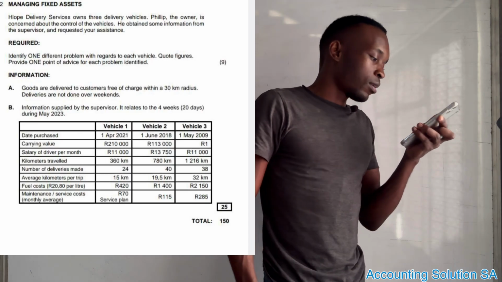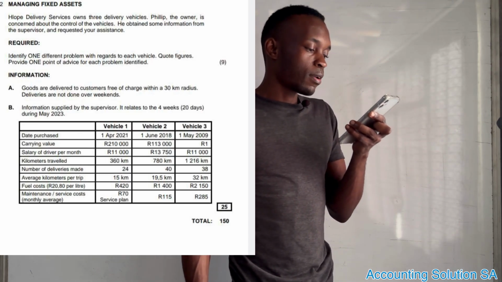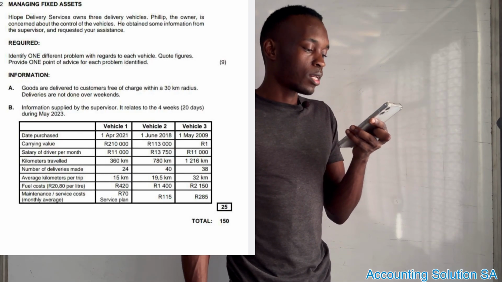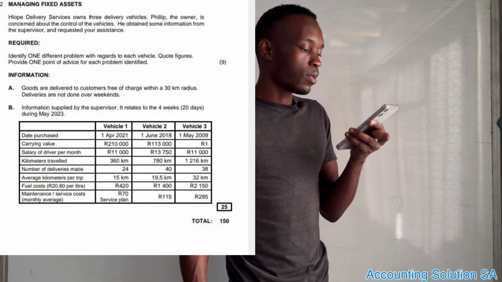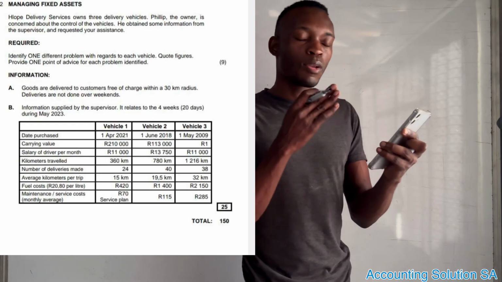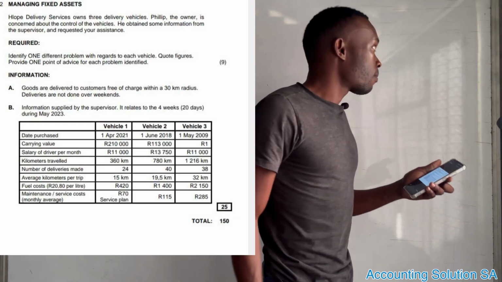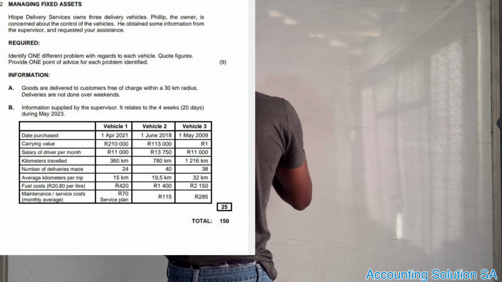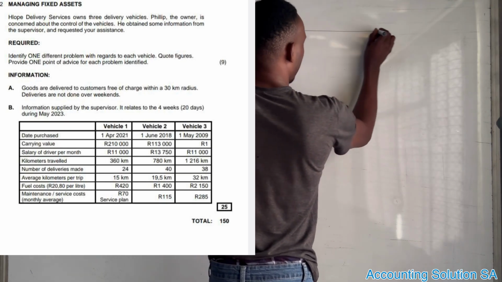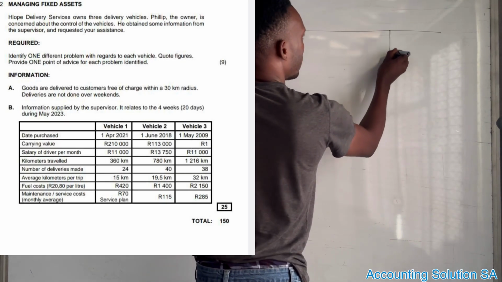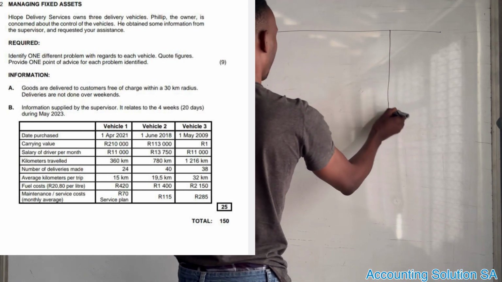Goods are delivered to customers free of charge within a 30 kilometer radius. Deliveries are not done over the weekend. Information B: we have vehicle 1, 2, 3. We have to identify problems from these vehicles. Let me draw the table that was given in the answer book.